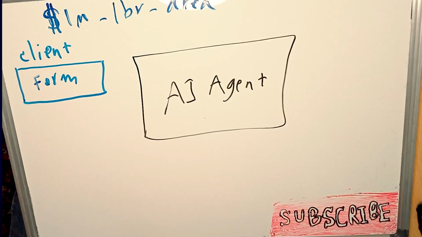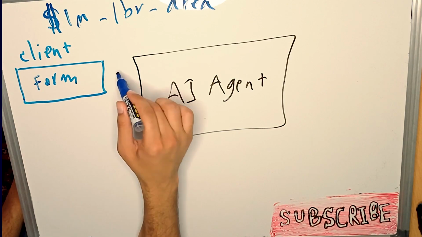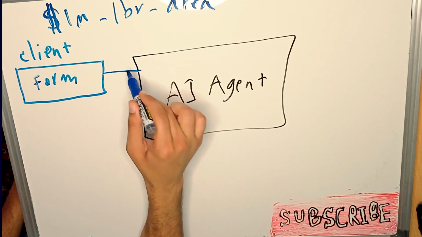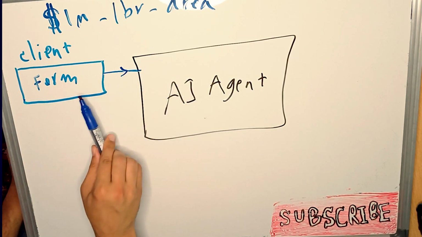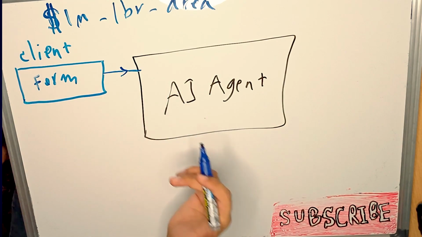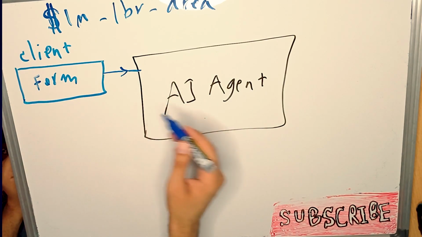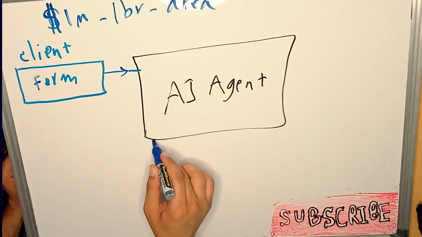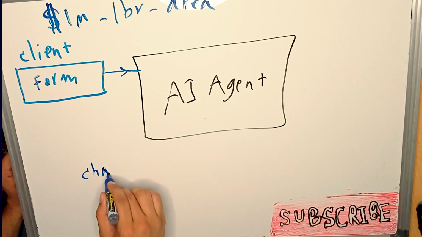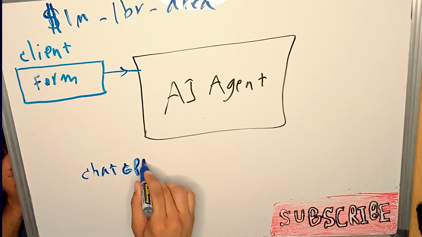And the thing that's gonna happen is this form is going to connect to this agent and send the data to the AI agent. They catch the data and they give it to something like, for example, AI chatbots like ChatGPT.